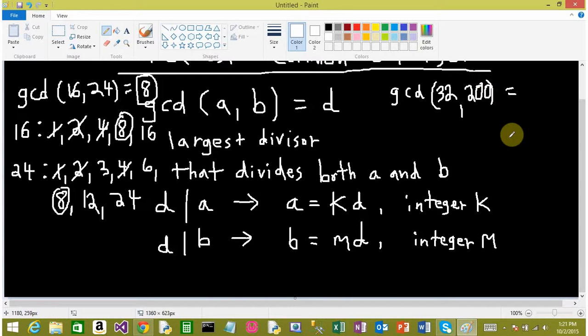So, the GCD of 32 and 200. For this one, what we can do is write out the divisors for 32.